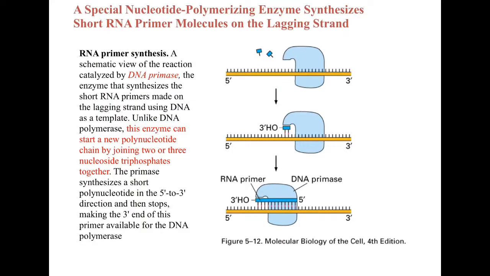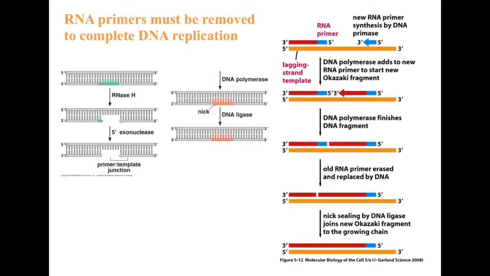DNA synthesis always needs a primer, which is synthesized by the primase enzyme. Using NTPs, RNA is synthesized by DNA primase, and then it is extended by the 5-3 polymerase activity of DNA polymerase 3.